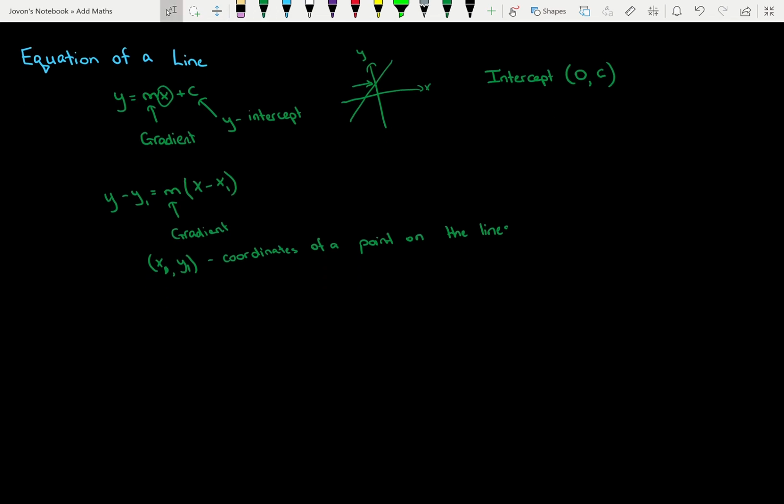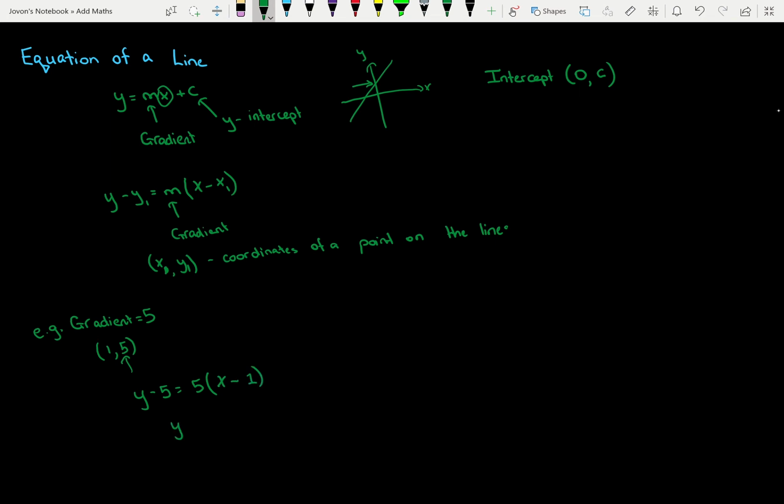So let's say, for example, I tell you that the gradient of a line is equal to 5, and it passes through the point 1 comma 5. Therefore, what we do in this example is we have y minus 5, this 5 being y1, is equal to m, which is also 5, multiplied by x minus x1, which is 1.